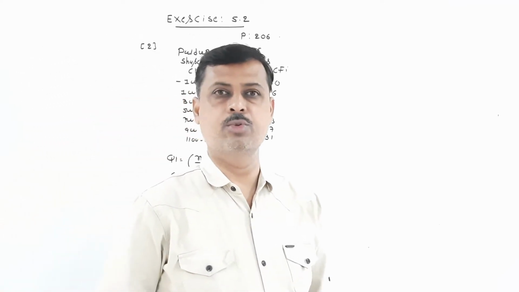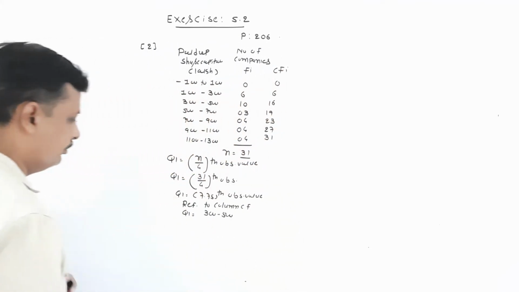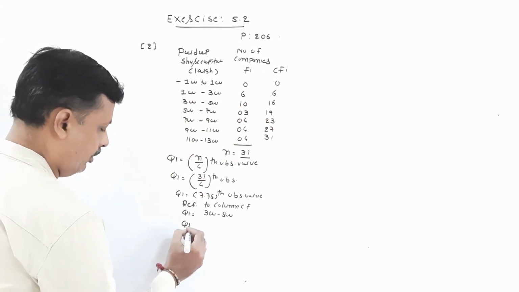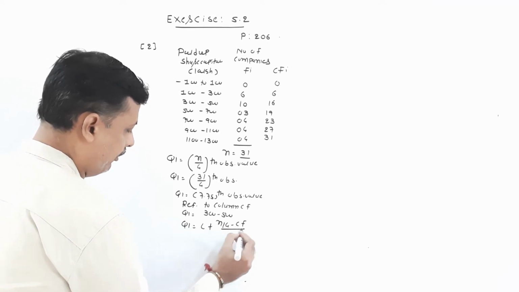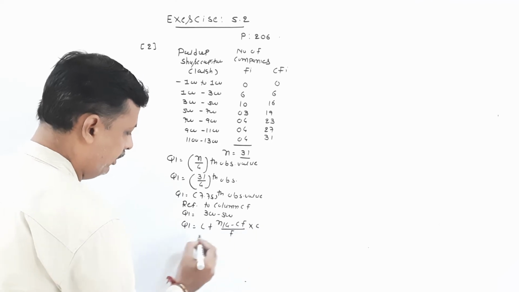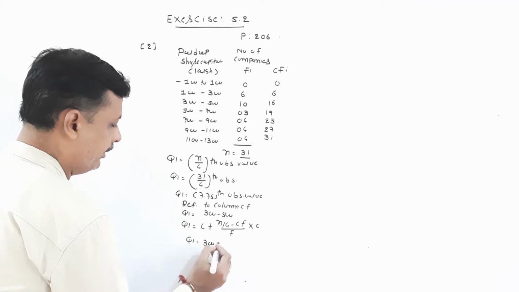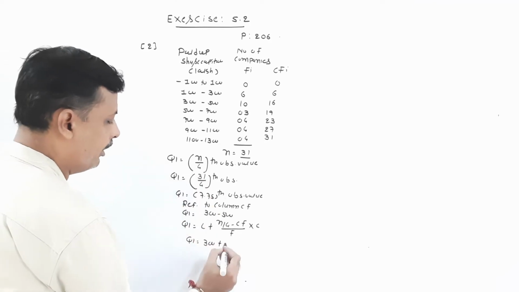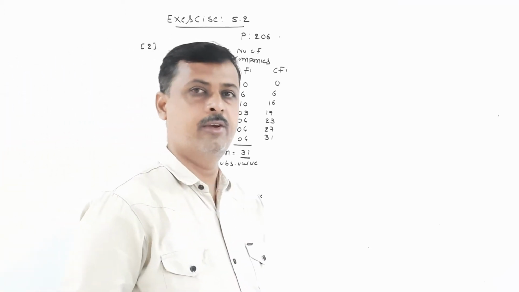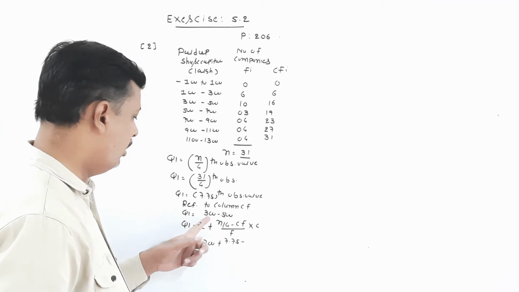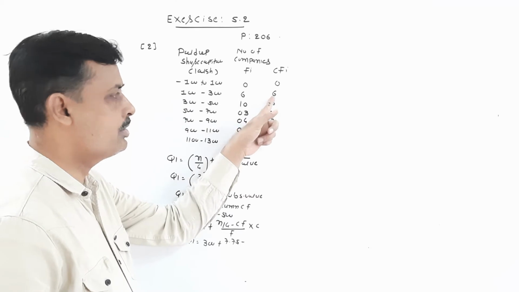And we have an exclusive class, so you can apply directly. Q1 is equal to L plus n/4 minus CF upon F into C. L for lower limit 300, n/4 is 7.75, CF for our Q1 class 300 to 500, prior class CF that is 6.